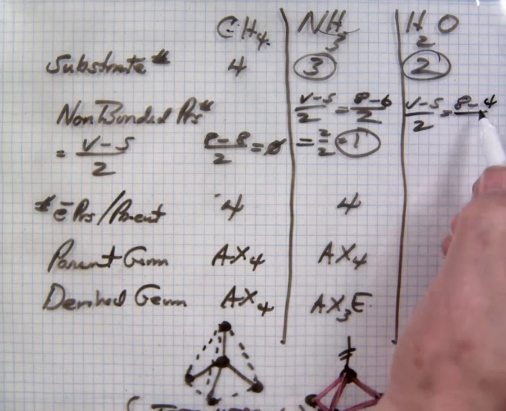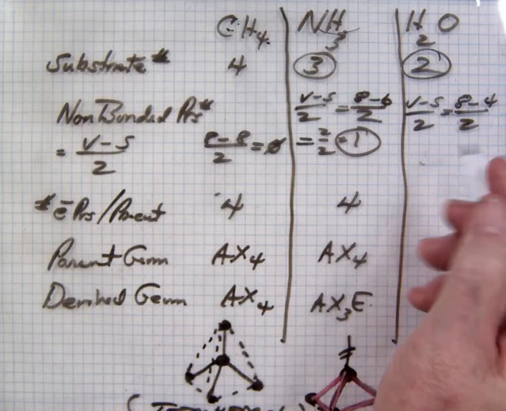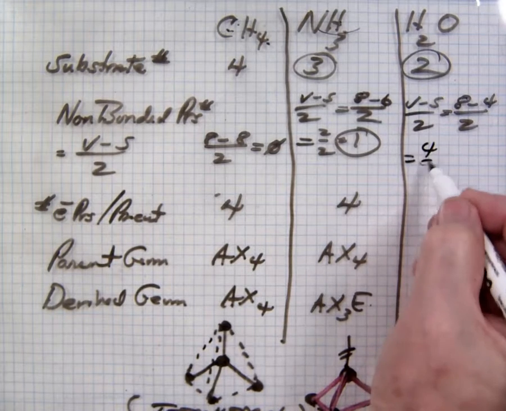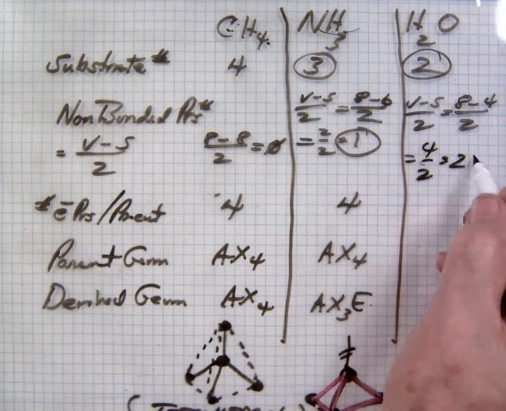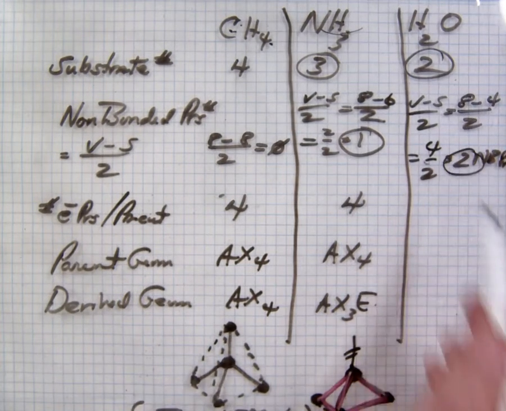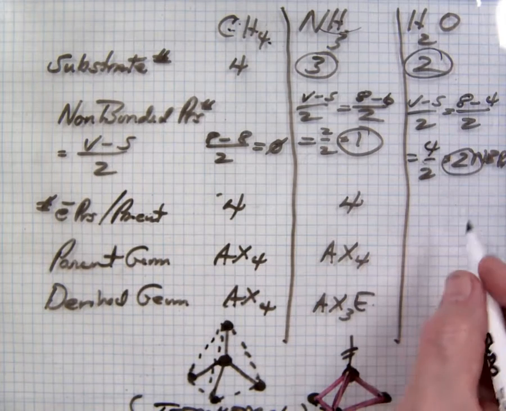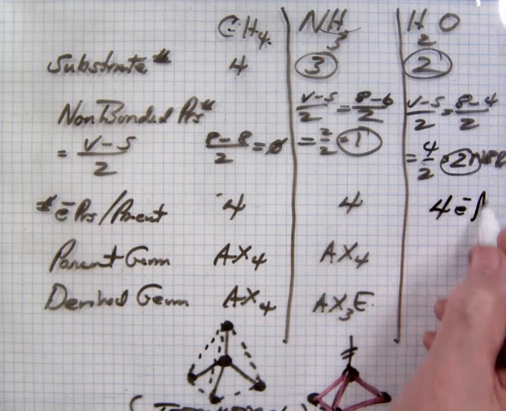So 8 minus 4 over 2 gives us 4 over 2, or 2 non-bonded pairs right here. So we have 2 bonded pairs, 2 non-bonded pairs for 4 electron pairs total.